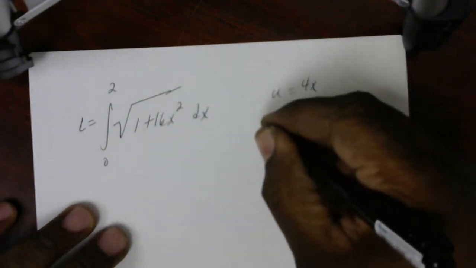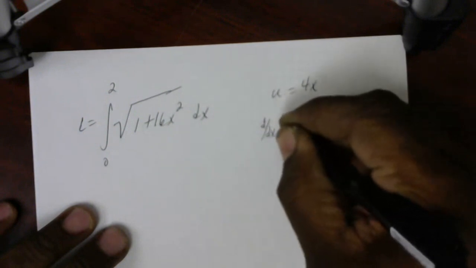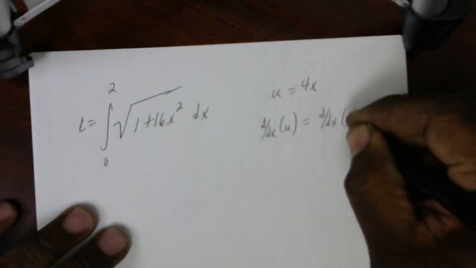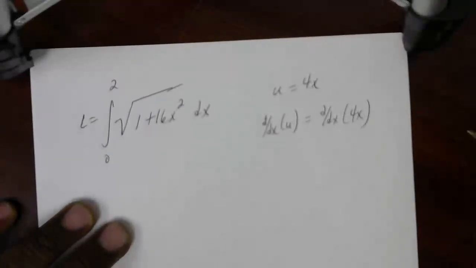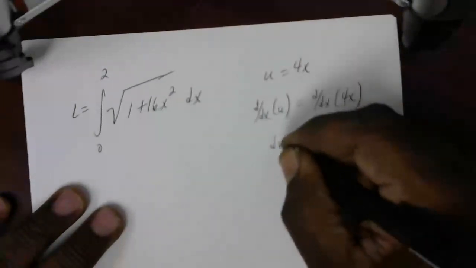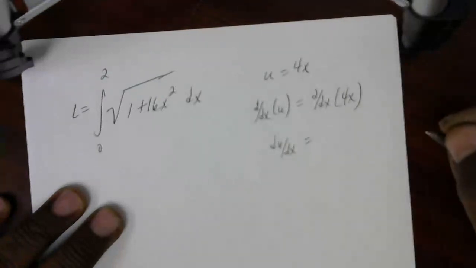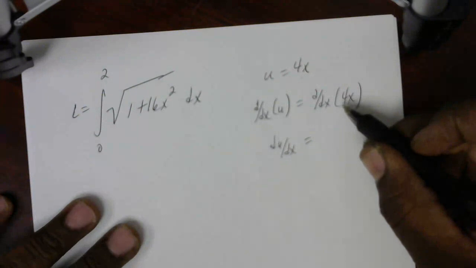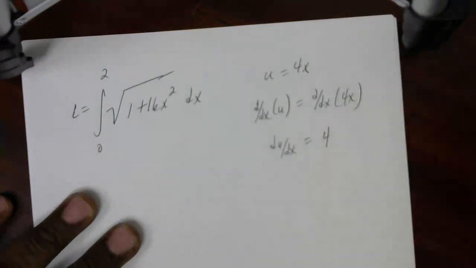On the left-hand side, I have du dx. On the right-hand side, the derivative with respect to x for 4x is 4.